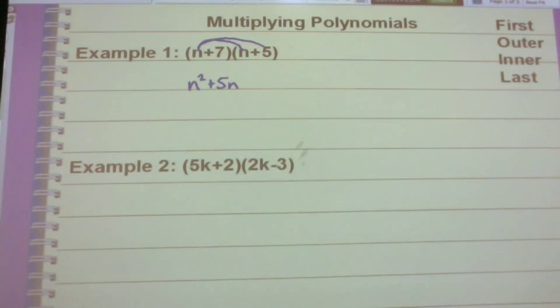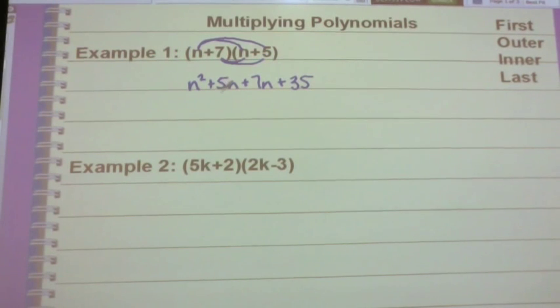Then after you distribute the n, you're going to go back and distribute the 7. I like to show distributing the first term, arrows on the top, distributing the second term, arrows on the bottom. So 7 times n is positive 7n, and 7 times 5 is positive 35.